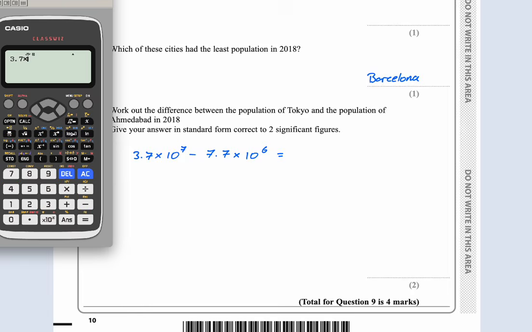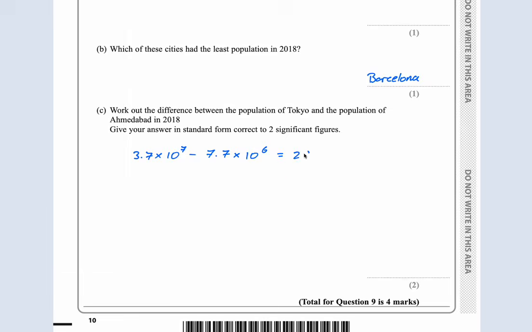3.7 times 10 to the power of 7 minus 7.7 times 10 to the power of 6. And I get 29,300,000, which is 2.93.